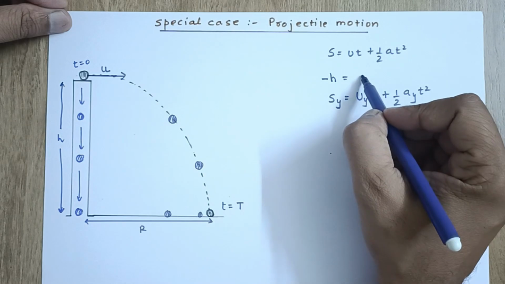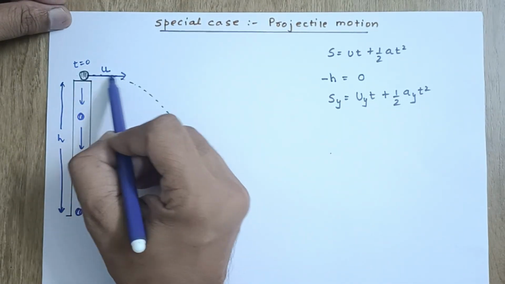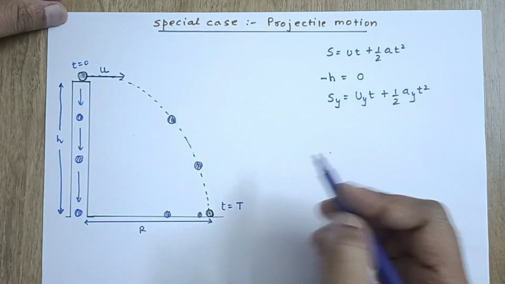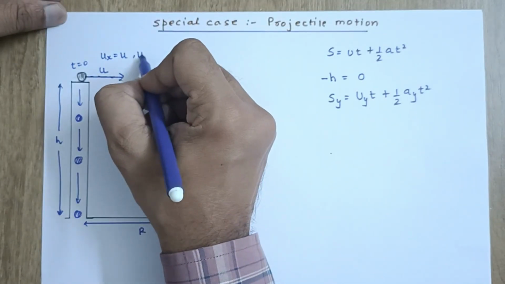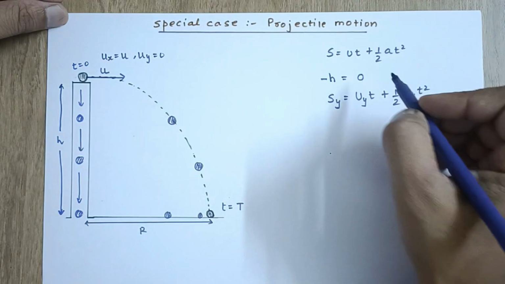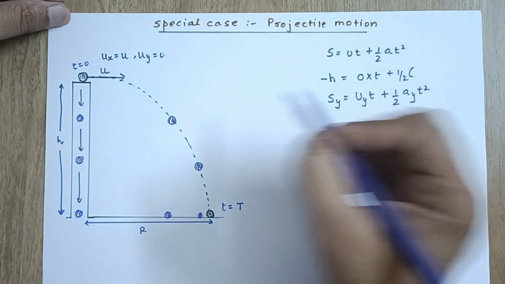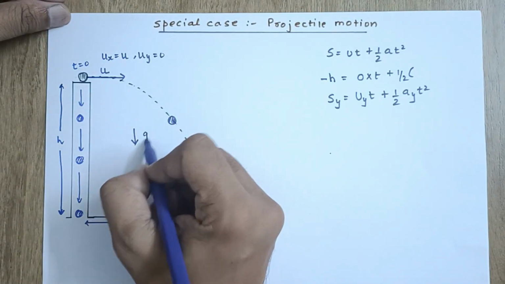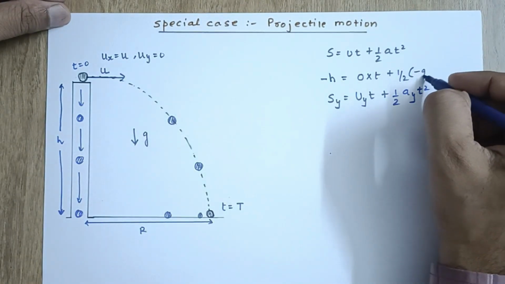And this u_y is 0. That is due to the fact that initial velocity is purely along x-axis. There is no component of velocity along y-axis. So I must say that u_x is equal to u and u_y is equal to 0. So 0 times t plus half times acceleration on the ball anywhere is along the downward direction, and the downward direction vector is taken as negative.